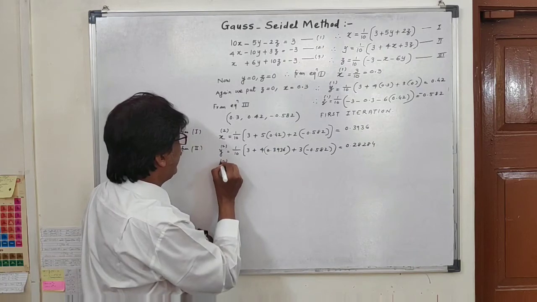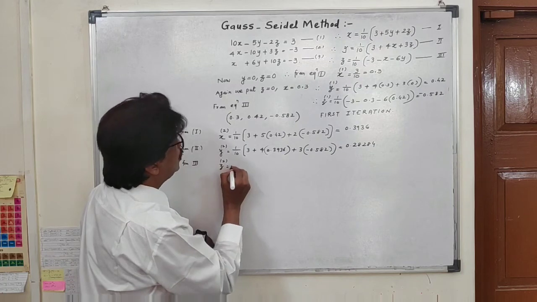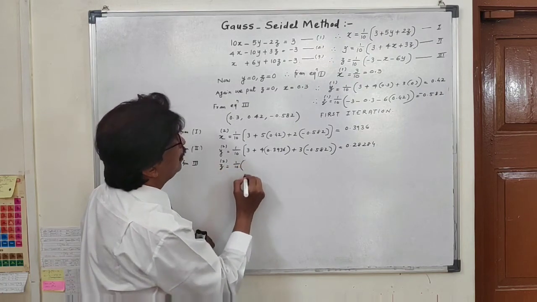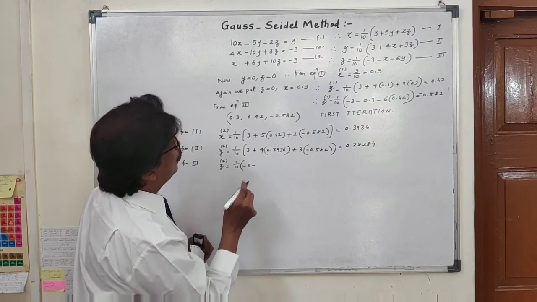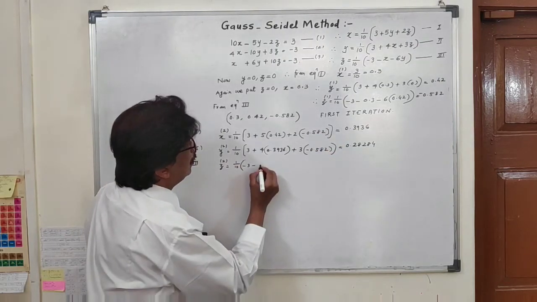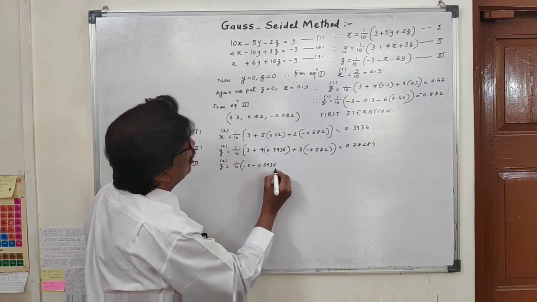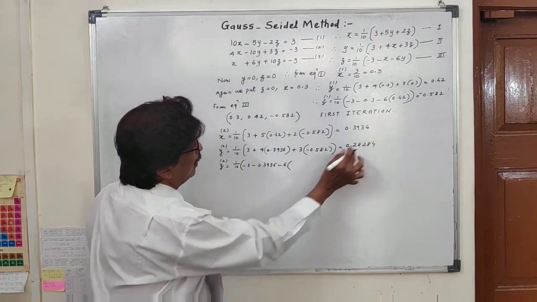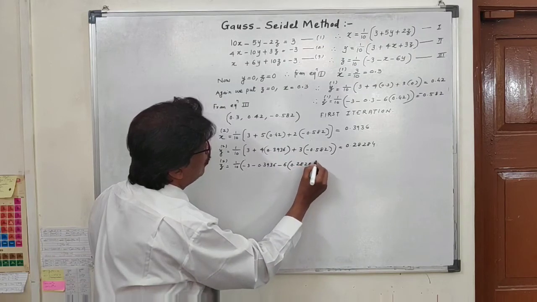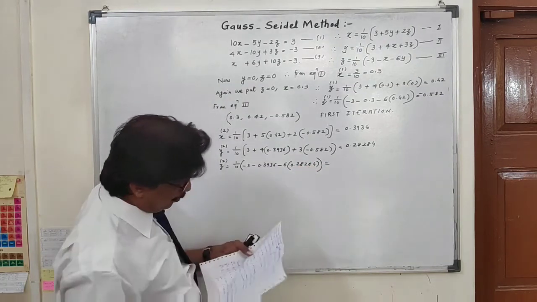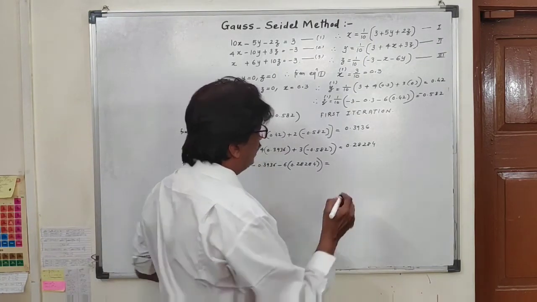The second iterated value of z is found from the last, third equation. It is 1 by 10 times minus 3 minus x, the most recent value of x, 0.3936, minus 6y, the recent value of y, y2, 0.28284. So that comes out as minus 0.509064.